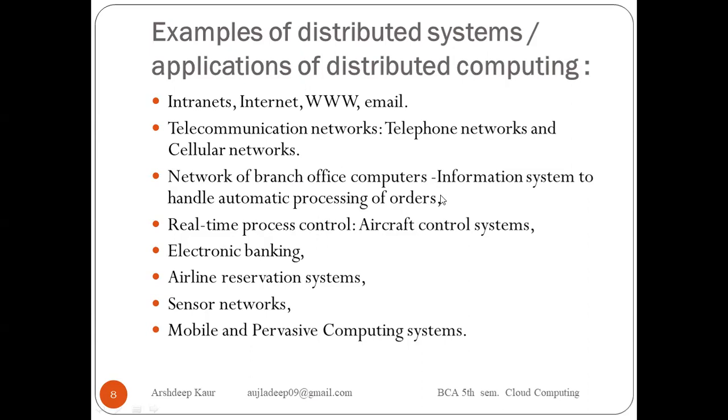If we want to do the ordering system in an automatic manner, we will use a distributed system. It's also used in aircraft control and electronic banking. Even we can use it in an airline reservation system, sensor networks, or mobile computing systems. So these are some of the applications where we can use distributed computing.